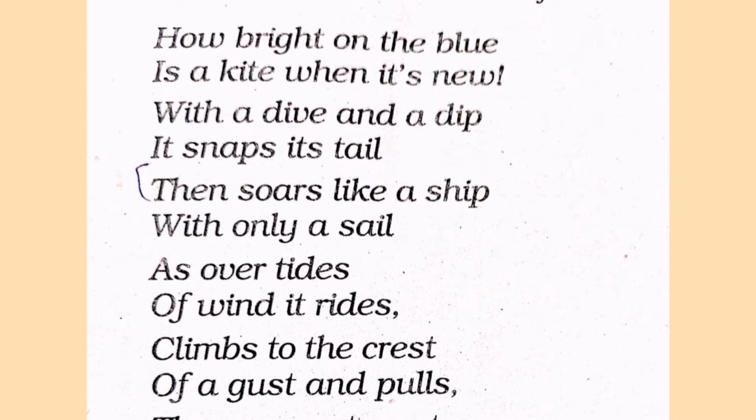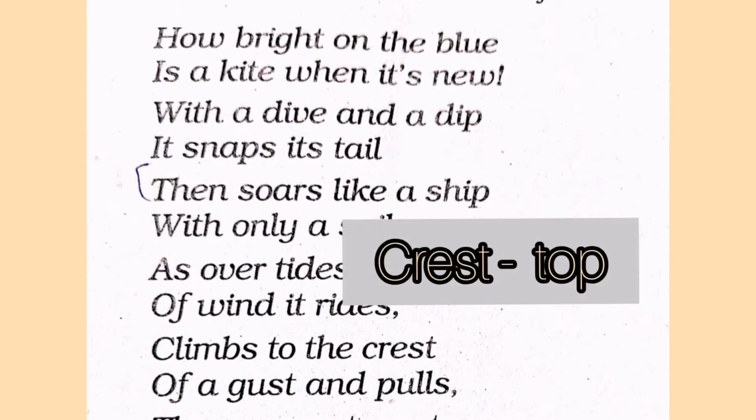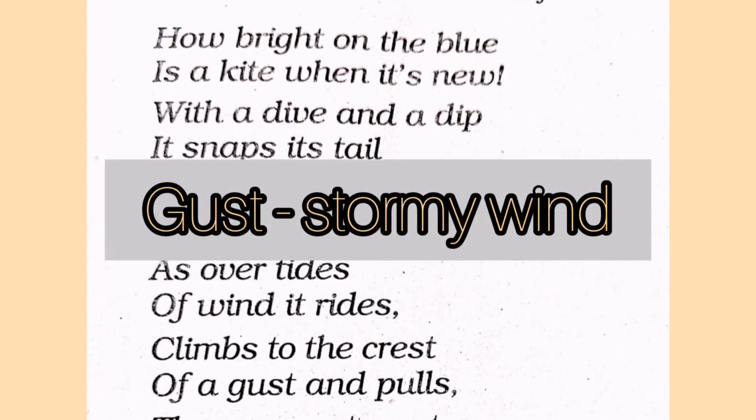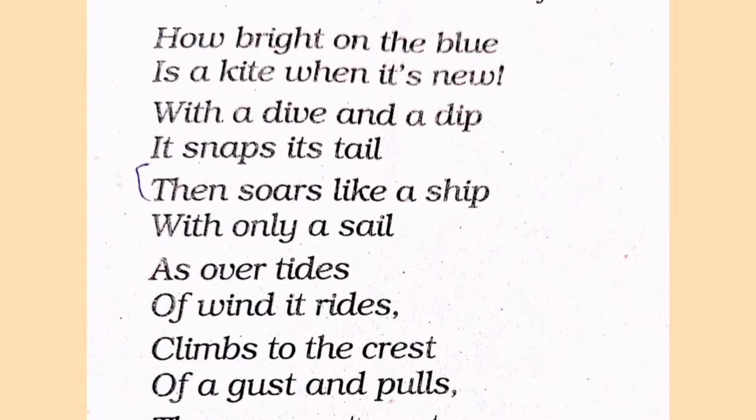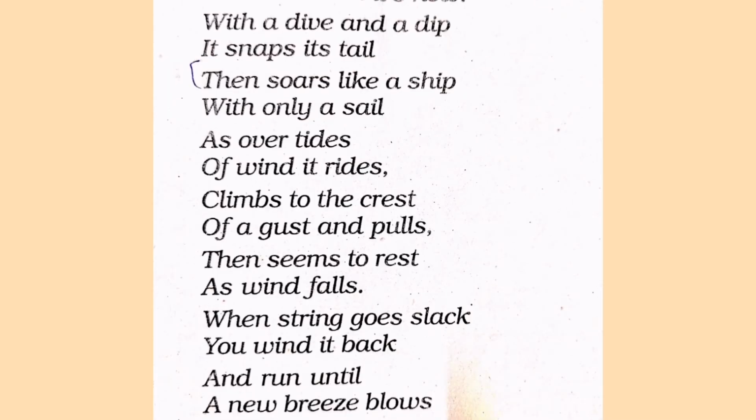Understood? Now coming to the next line, climbs to the crest of a gust and pulls. Now in this line, this crest means the top and the gust means the stormy wind. So the poet is telling about the movement of the kite, such moves which help to float the kite in the sky, and it goes according to the wind.